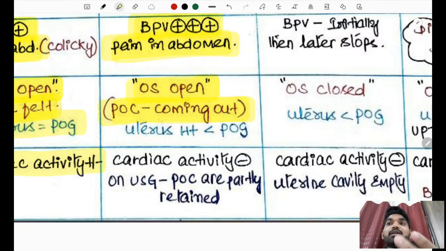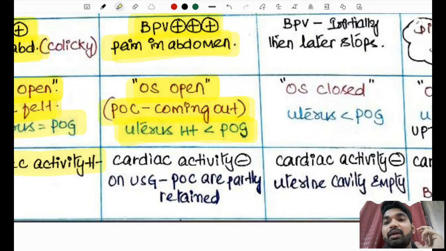The uterus height will be less than that of the period of gestation. Why? Half of the fetus got expelled, so the height of the uterus would have decreased.